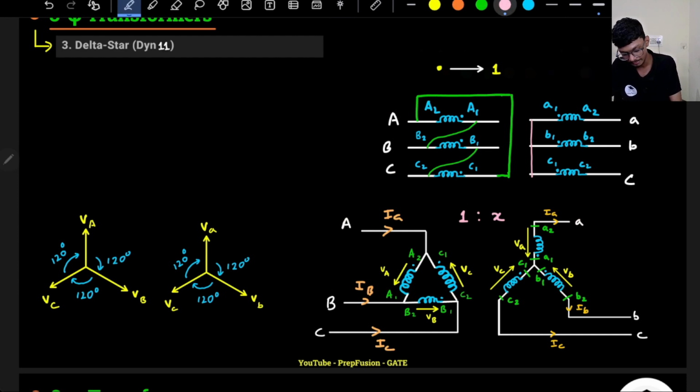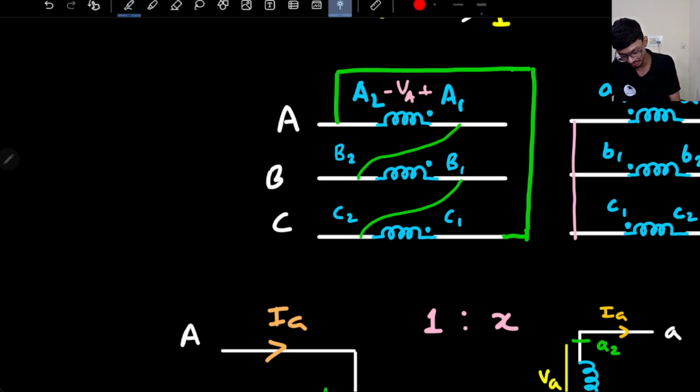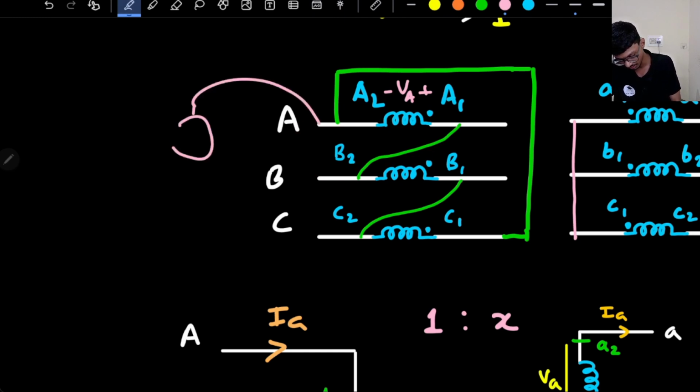So my capital VAB will be here. If I see, this is plus, this is minus, and this is simply the phase A voltage, correct? So if I want to write VAB, simple KVL, this will be the AB voltage. Actually, there is no voltage source.